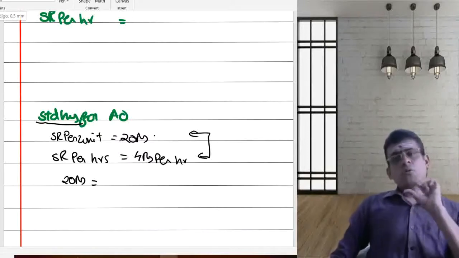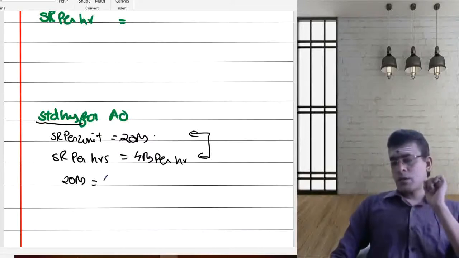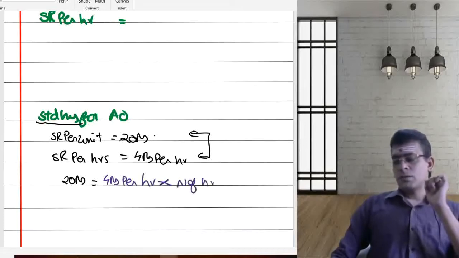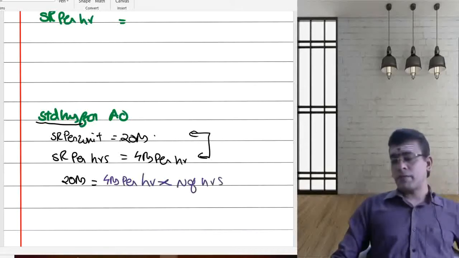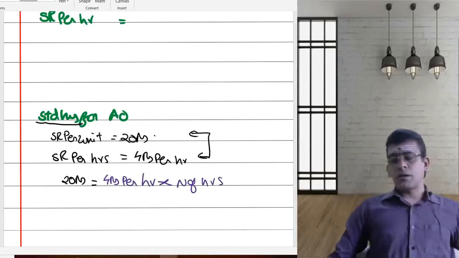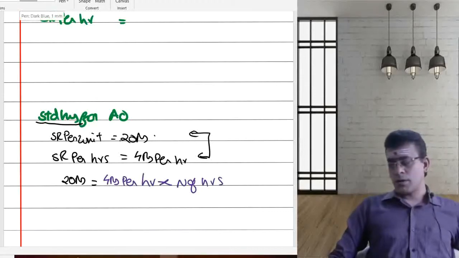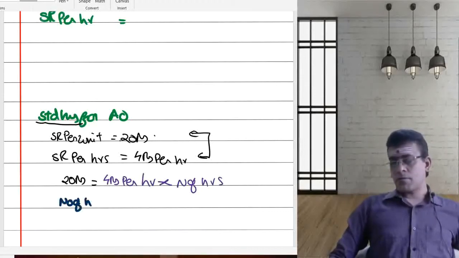So now, how do you absorb your overheads? Rate per hour, 4 rupees per hour, into the number of hours. That will give you the cost. Now I can easily find out my number of hours.